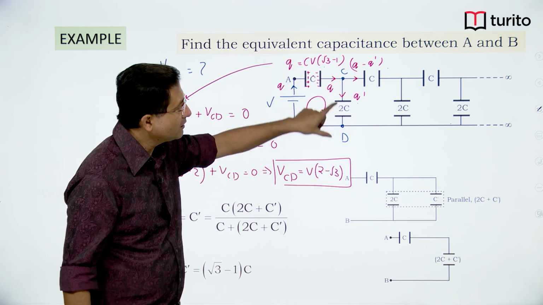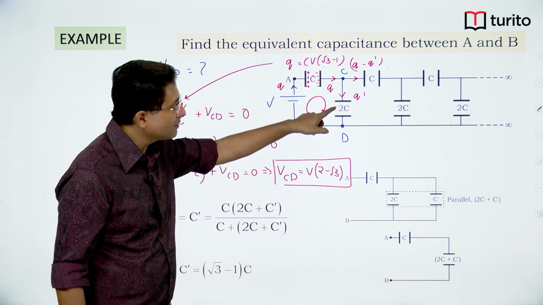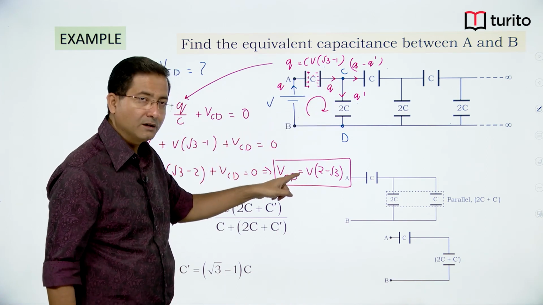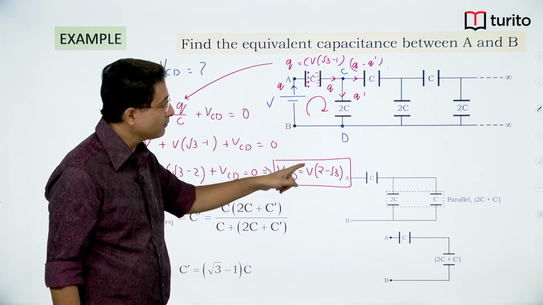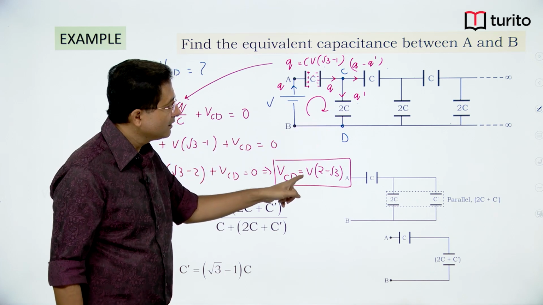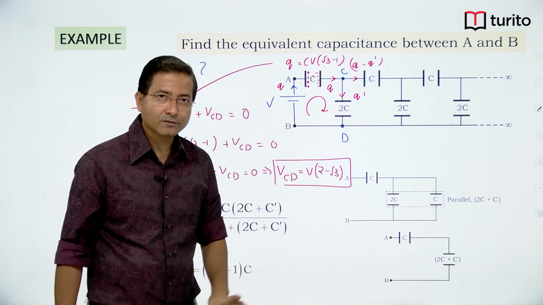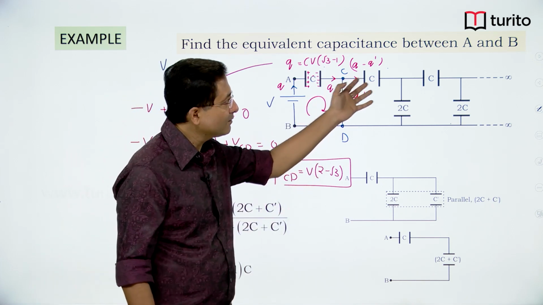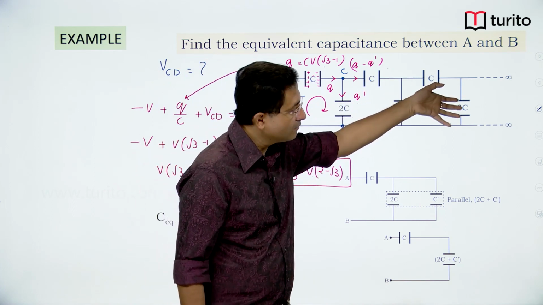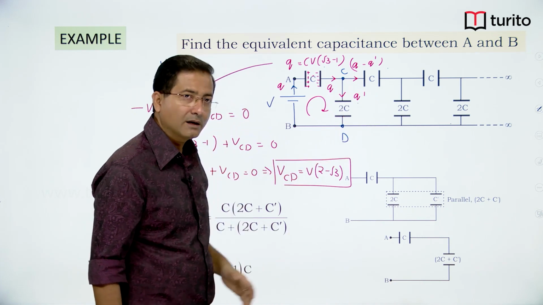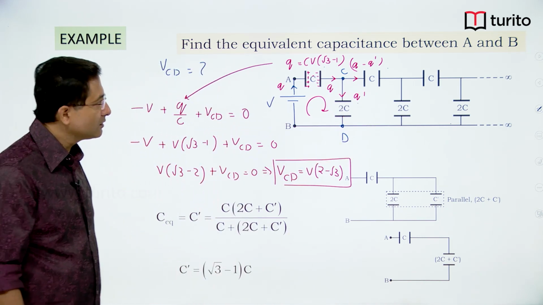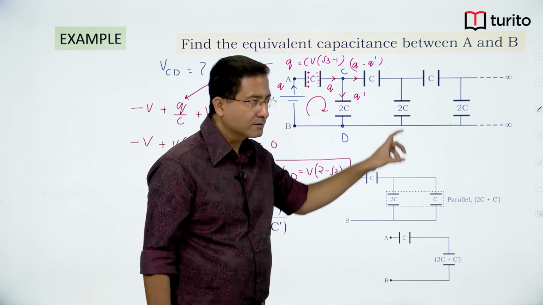If you have the potential difference and you divide by the capacitance, Q is equal to CV, then if you multiply this quantity by 2C, you will get the charge on this capacitor also. So step by step we start moving in the forward direction and we can find the charge on every capacitor or potential difference across any branch.